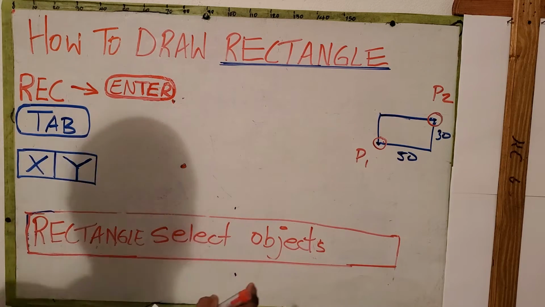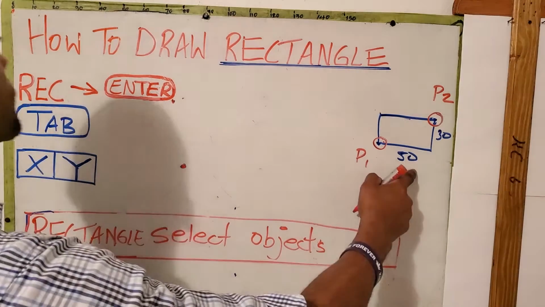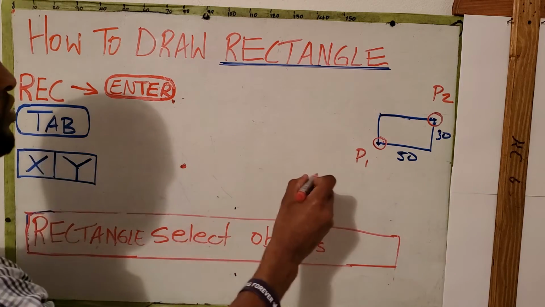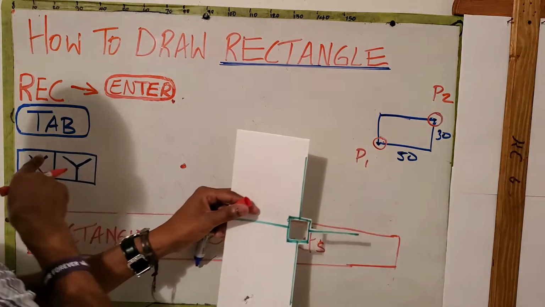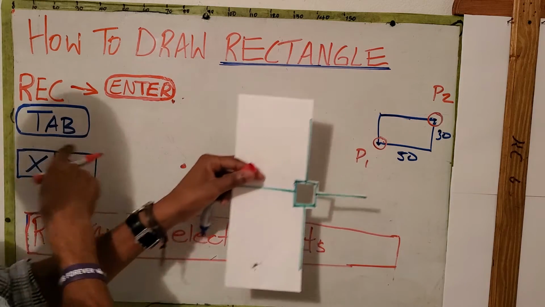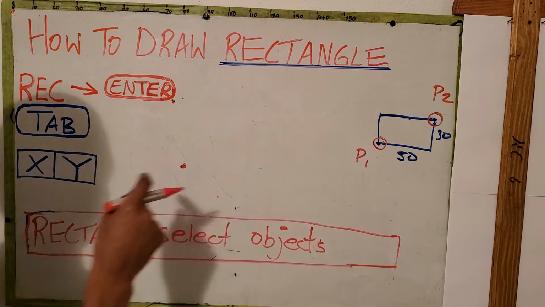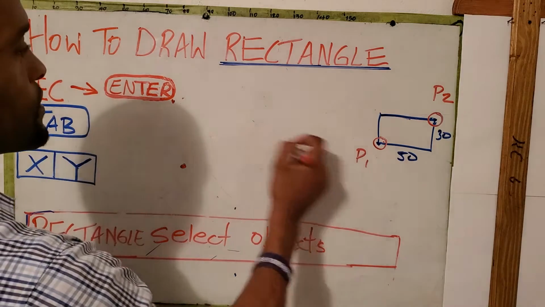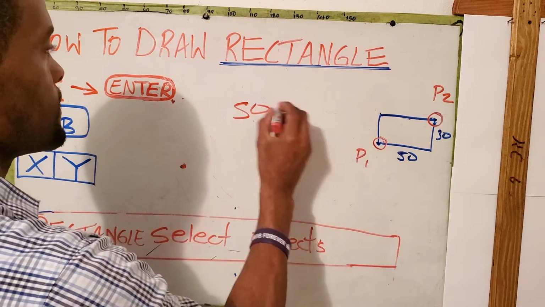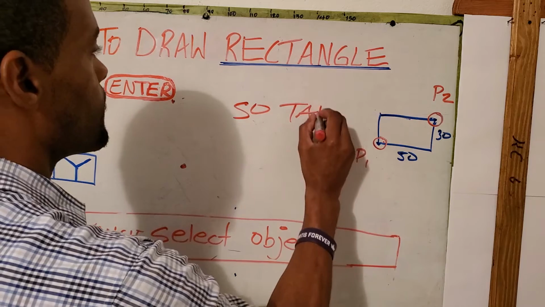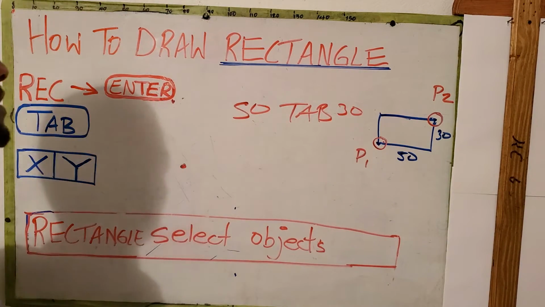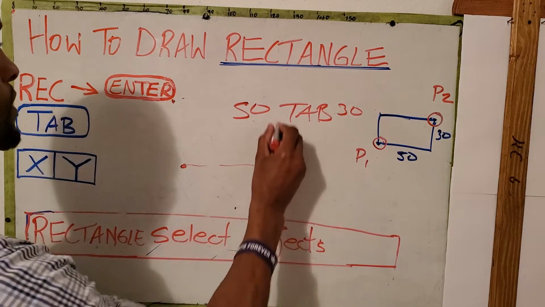It will then ask you to enter the next point. You should see something like this popping up. As you move across here, you will notice the value on X and Y moves correspondingly. You will then enter your X value, 50 tab 30. Enter, and that will generate that.